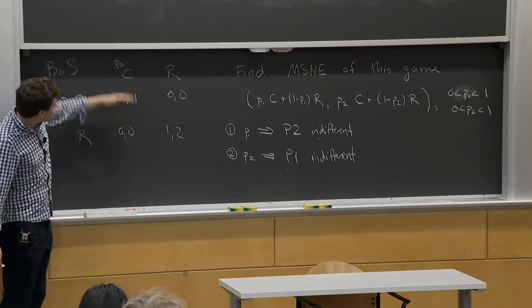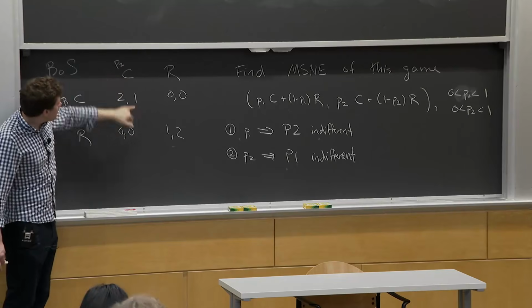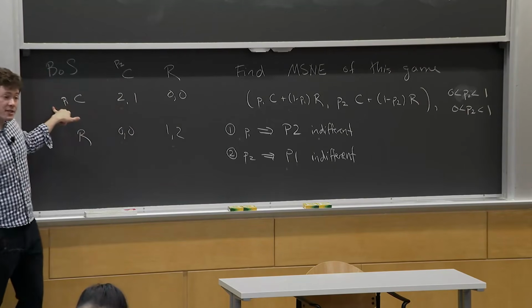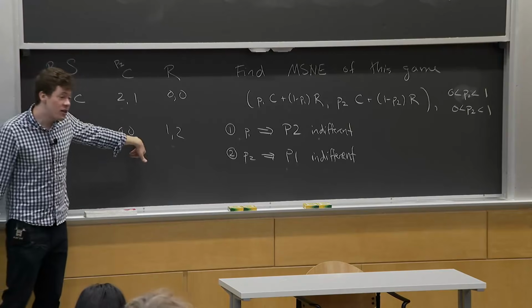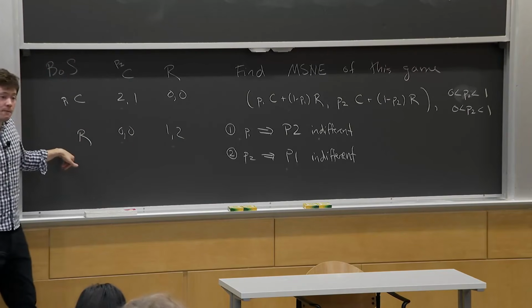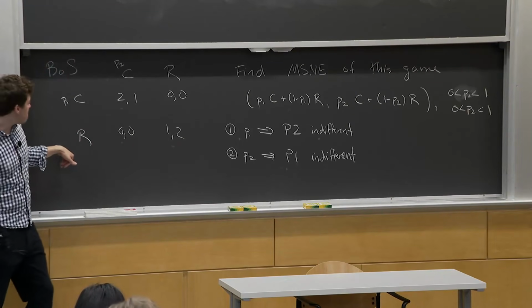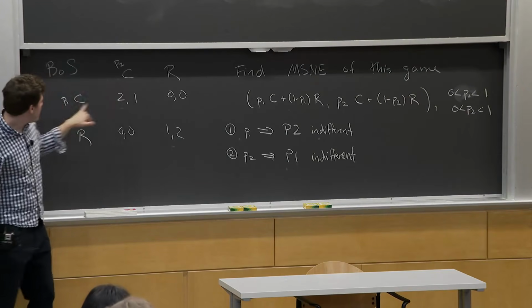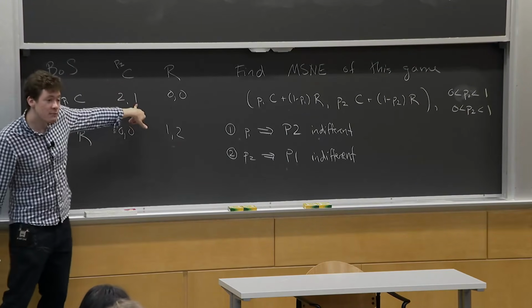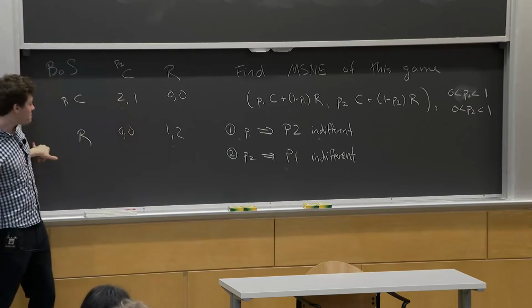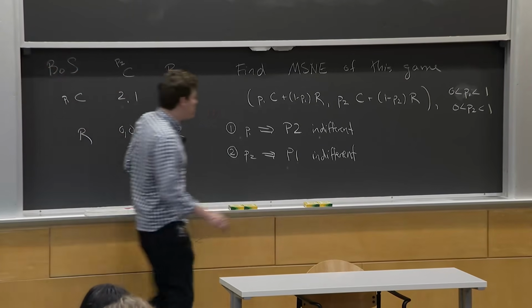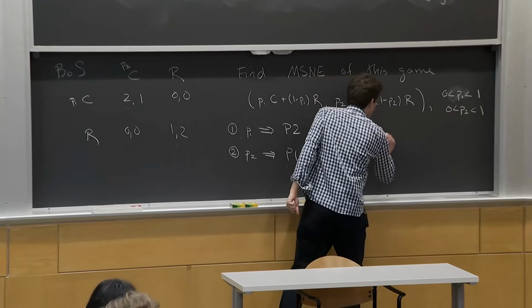If player 2 plays C, they get a payoff of 1 if player 1 plays C, and a payoff of 0 if player 1 plays R. So what is their expected payoff? Their expected payoff from playing C is going to be P1 times 1 plus (1 minus P1) times 0. But the 0 disappears, and we just get P1 on the left-hand side.